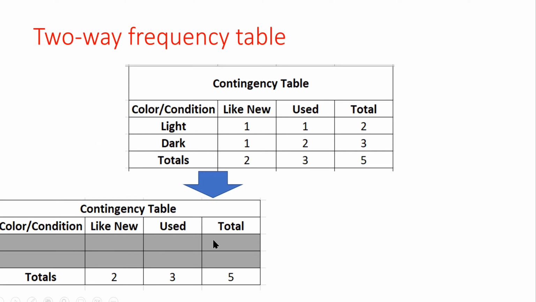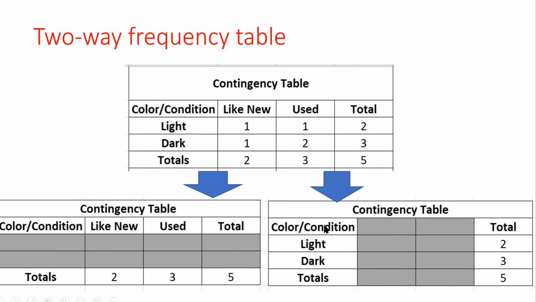We have 2 like new and 3 used cars, a total of 5. And if in turn we cover the condition, we end up with a frequency table for the colors like this.